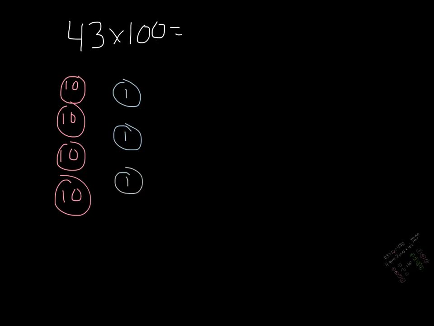If I wanted to multiply that times 100, well, that's like doing it times 10, which changes it one place, and then times 10 again. So we're actually going to change 2 places. So my tens are no longer tens and they're not hundreds, but they are now thousands. 43 has 4 tens, and I want to make it have 4 thousands.